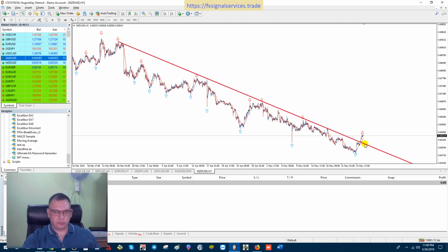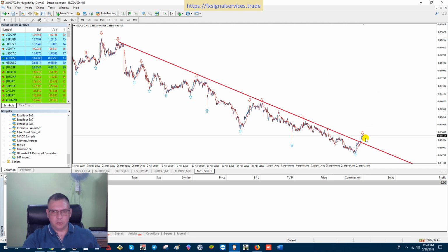If you want to sell right now, you can, but to be 100% safe, go by the larger trend, which is buy. Place a buy limit pending order somewhere in this area here. That is my best guess right now, what I would do.